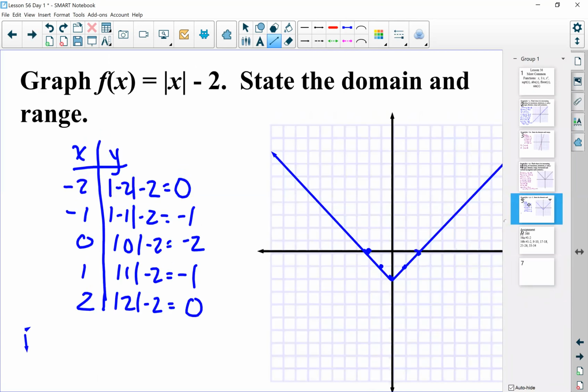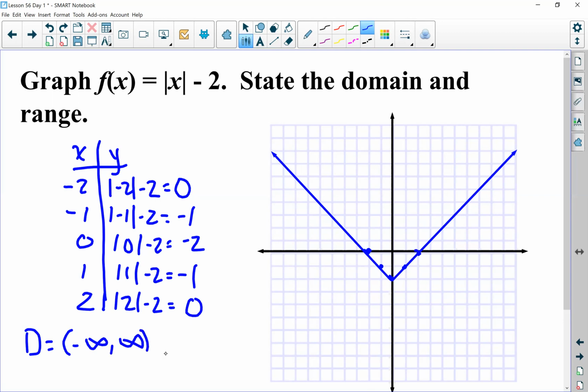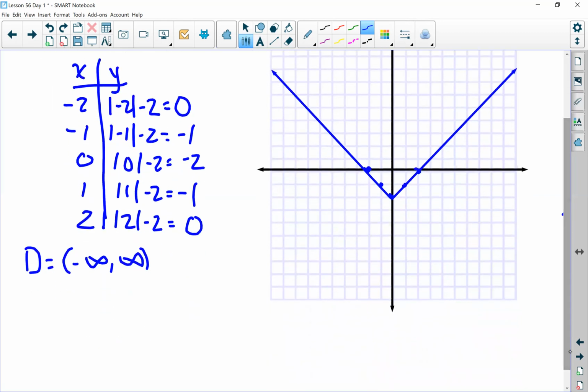All right, so the domain, again, I can plug in any value for x, -infinity to infinity. Now my range changes from what it was before. Now I can go all the way to -2 and all the way up to +infinity. So there's our domain and range for our absolute value function.